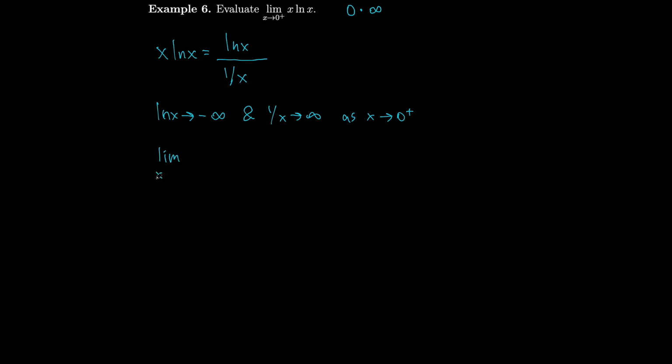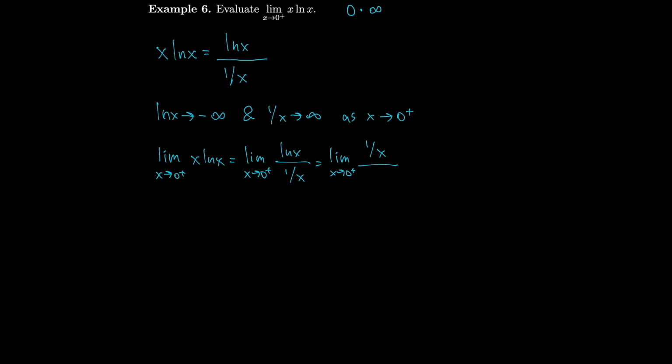So by L'Hopital, we can take this limit of x ln x. We can first rewrite it as a quotient, and then once it's a quotient, we can use L'Hopital. So derivative of ln x is 1 over x.